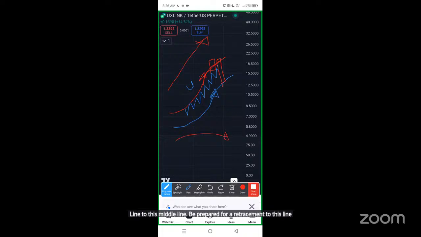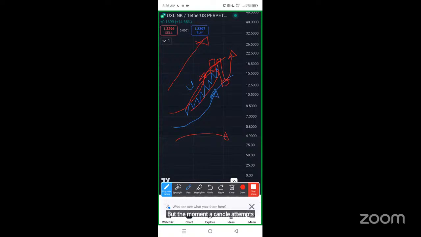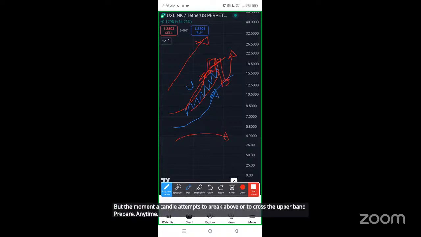Then once the retracement is successful, we're going to encounter another reversal to maintain the previous trend that was on the rise. But the moment a candle attempts to break above or cross the upper band, prepare for a serious retracement back to this middle line.